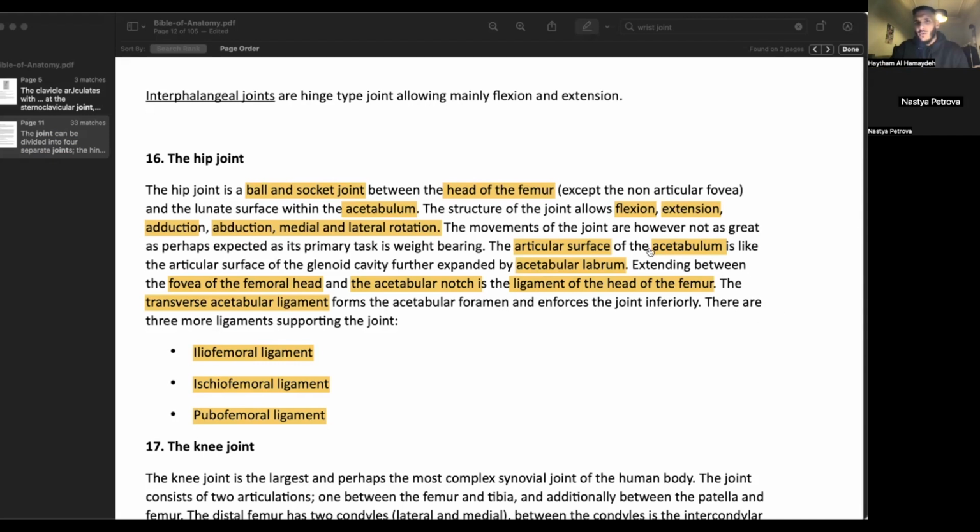You have iliofemoral, pubofemoral, and ischiofemoral.